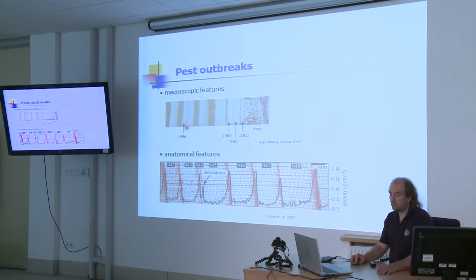They ate the foliage, and the growth was reduced, especially in the later part of the growing season, and trees did not have enough energy to produce these thicker walls of the latewood.